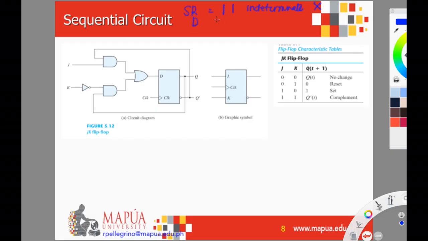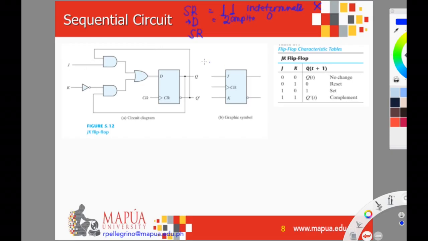If we use the D flip-flop, it only has two possible values, either 0 or 1, so you only have one input, which is the D gate. So why not use the SR because it has more inputs, however, eliminate the indeterminate. So that is where the JK flip-flop comes in.